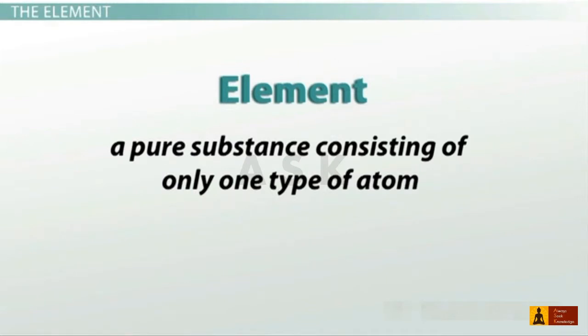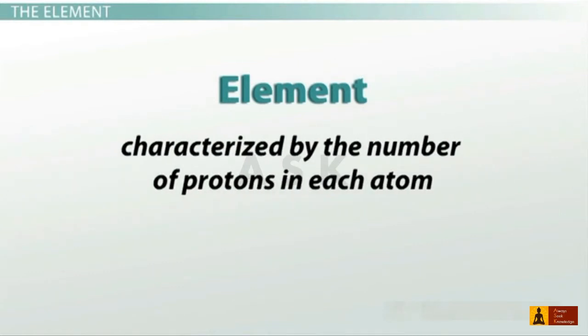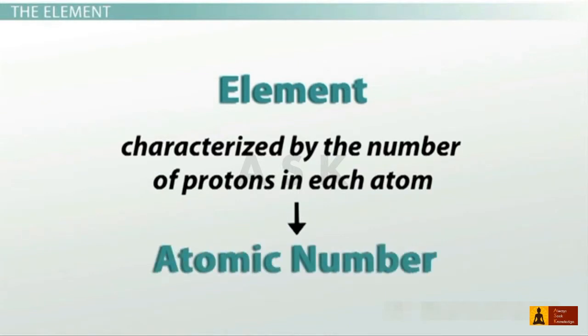And what gives an element its characteristic traits is the number of protons. So the number of protons that an atom possesses is referred to as the atomic number.